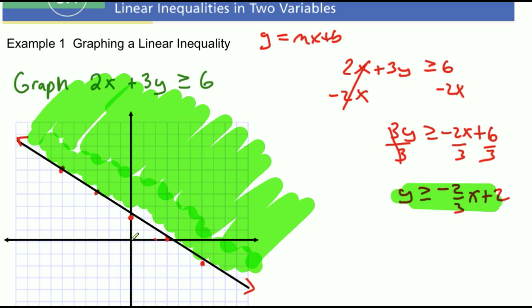So if I pick the point 0, 4, and plug in 0 for x and 4 for y, we should get a true answer. 4 is greater than or equal to 2. Is that true or false? Is 4 greater than 2? Well, yeah, that's true. So you're always going to get true answers where it's shaded, and if you plug in any point that's not shaded, that's where you're going to get false answers.